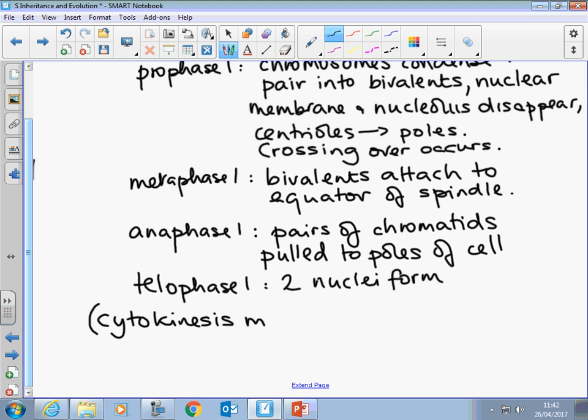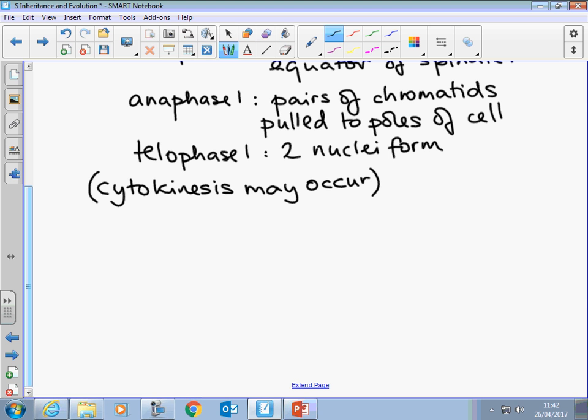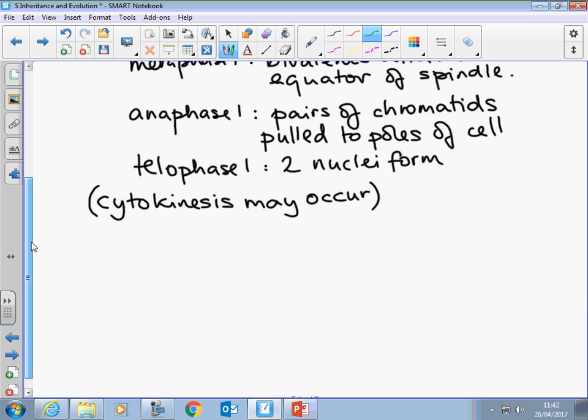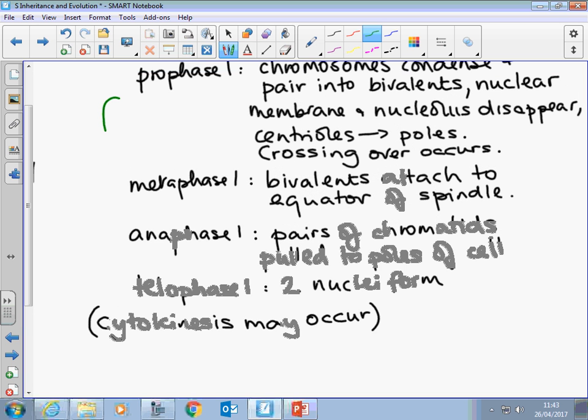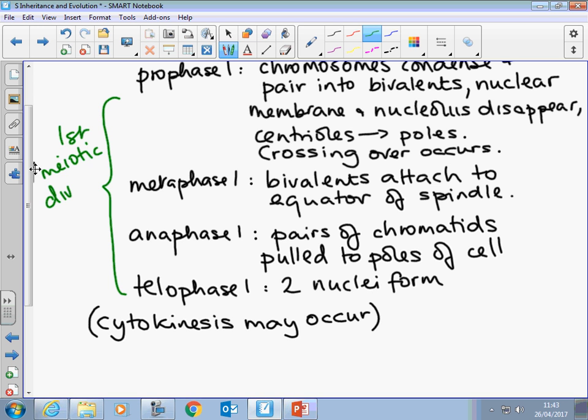So cytokinesis may occur. Now, at the side then, this should be first meiotic division. Or meiosis 1, if you like. I've sort of, the top slipped a bit there. It sort of didn't really include prophase properly, done.